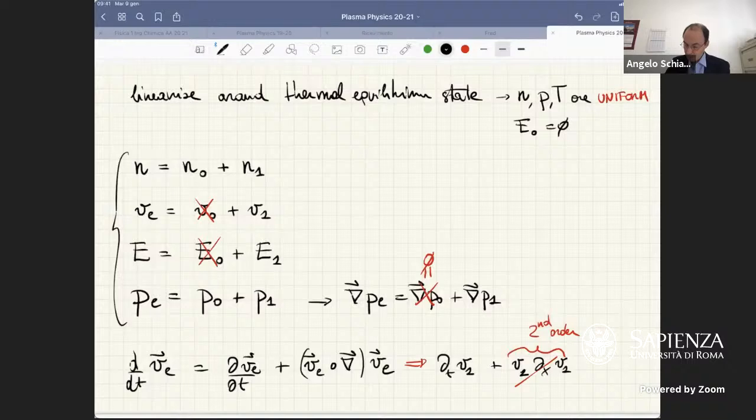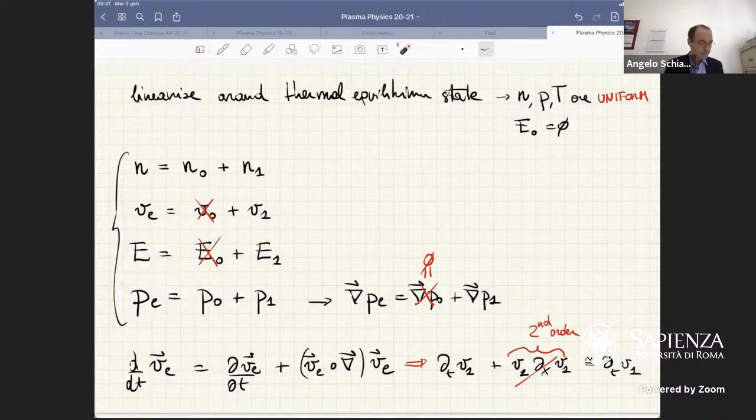So in the time derivative of the velocity field in 1D, what remains is just the time derivative of the velocity. And the second term, the advection term in the total derivative, is 0 because it has two terms of the first order. So we can neglect it when we linearize around the equilibrium state, retaining only first order terms.